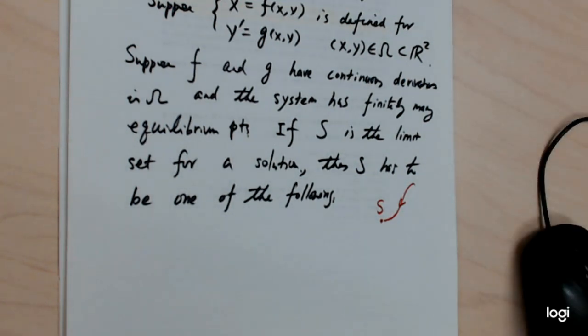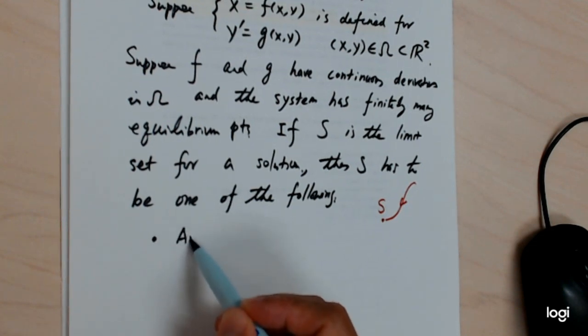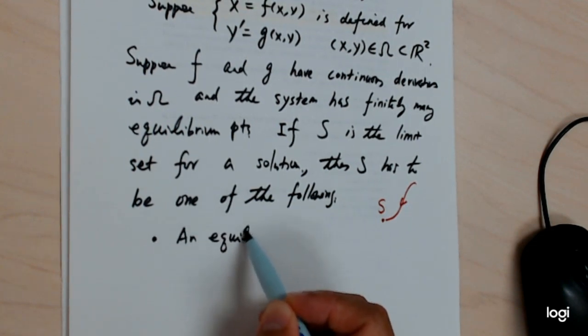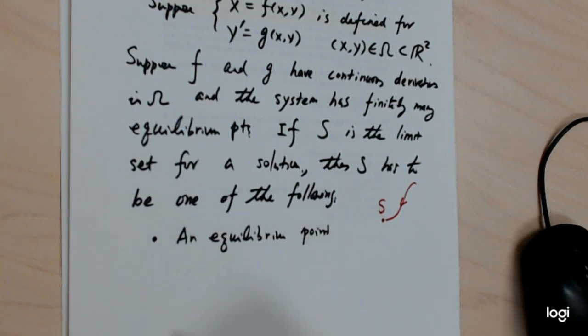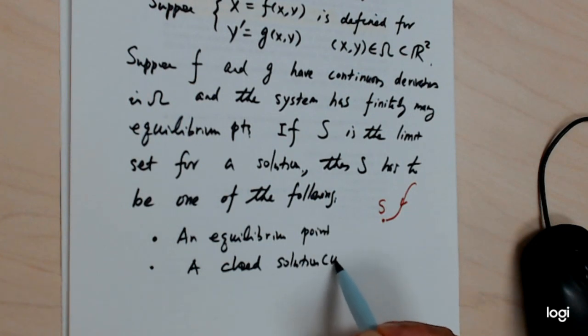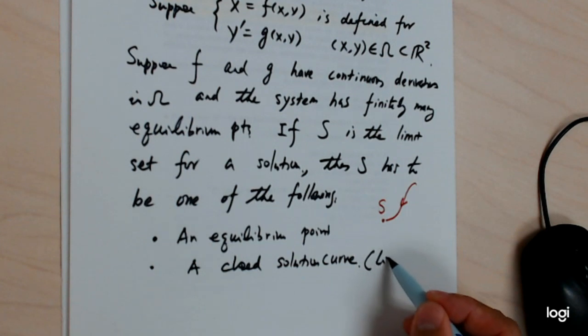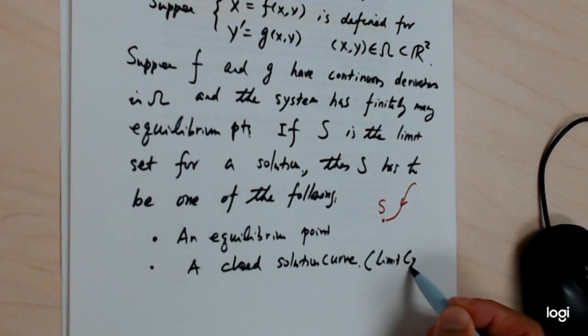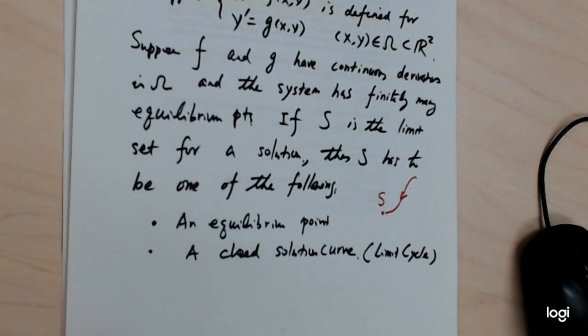Bendixson alternative says this set S is either an equilibrium point. Okay, this is something we're familiar with. Or a closed solution curve. And this is what we refer to as the limit cycles or closed orbit that we mentioned in the previous two sections.